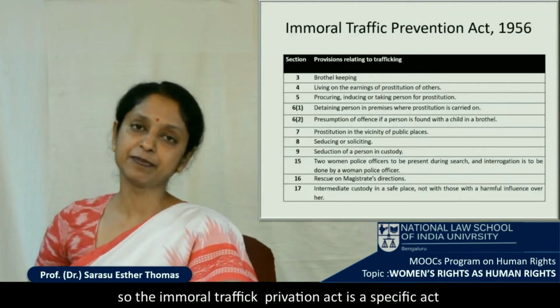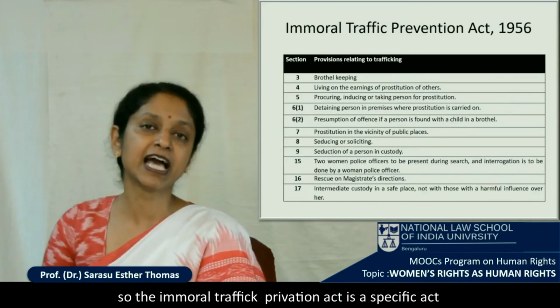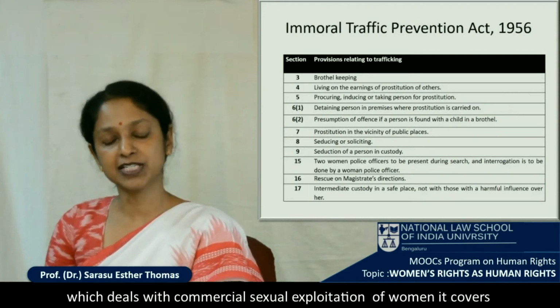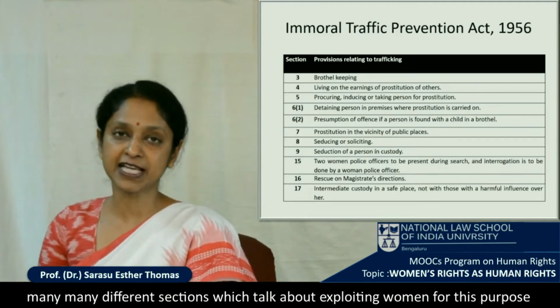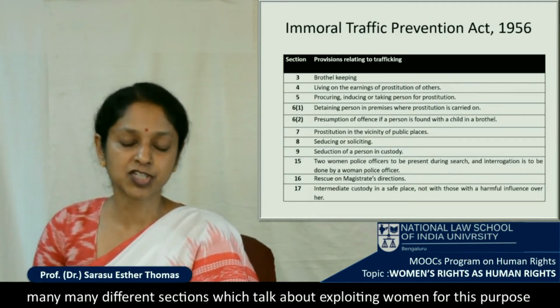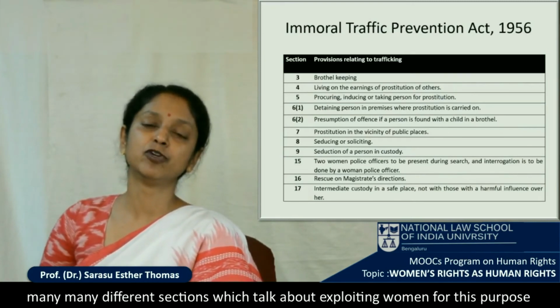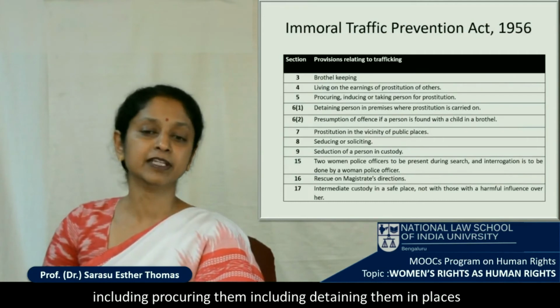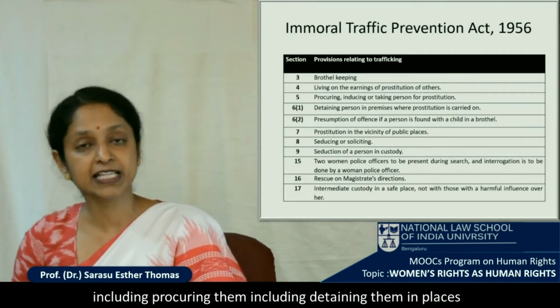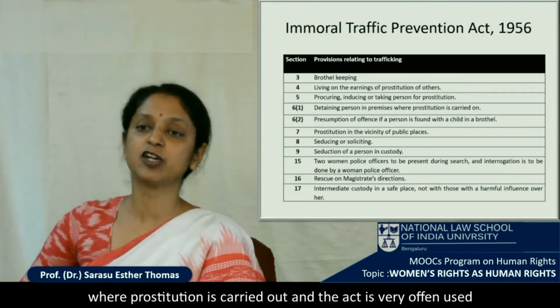So the Immoral Traffic Prevention Act is a specific act which deals with commercial sexual exploitation of women. It covers very many different sections which talk about exploiting women for this purpose, including procuring them, including detaining them in places where prostitution is carried on.